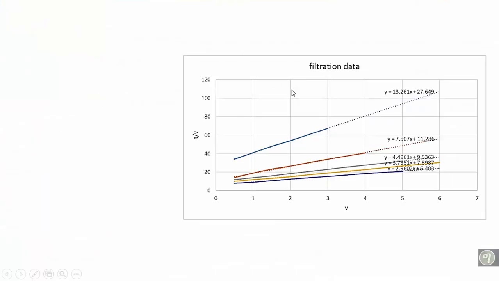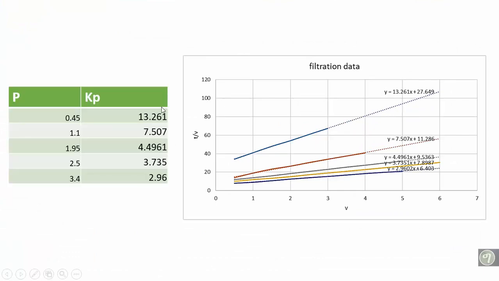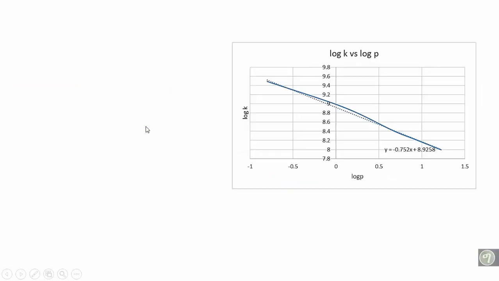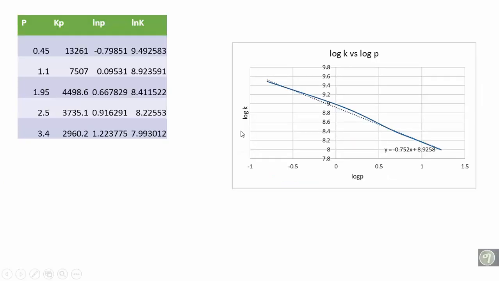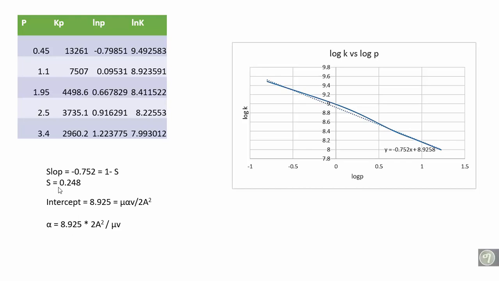So when you put your data here, this is your filtration data, then this is your P versus Kp data, then next one, this is your log K versus log P data. From this you can determine: the slope is minus 0.752, which is 1 minus s, so s will be 0.248. So the compressibility coefficient for this operation is 0.248.